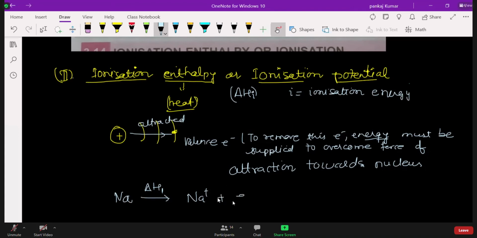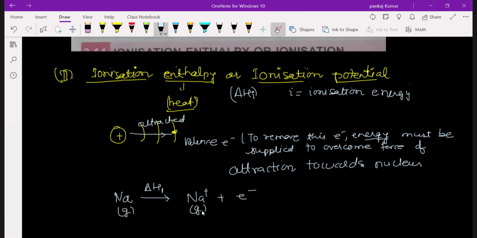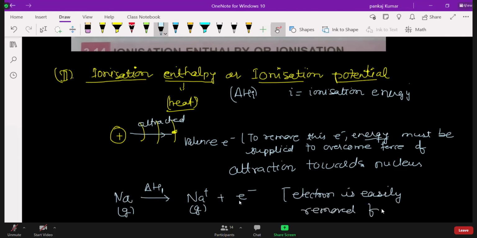We have to use the gaseous state, because in the gaseous state it is easy to remove the electron.